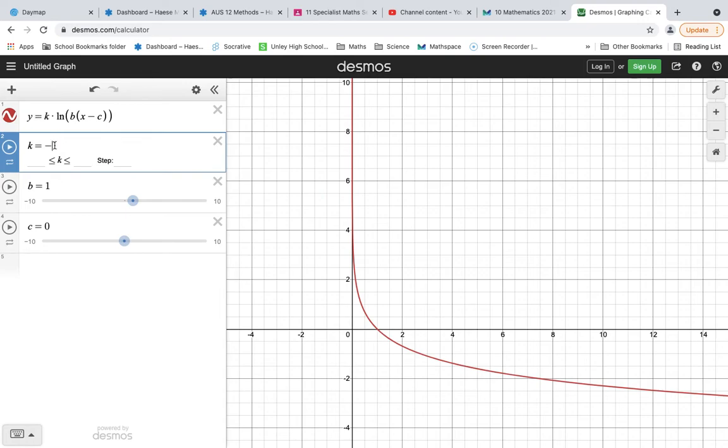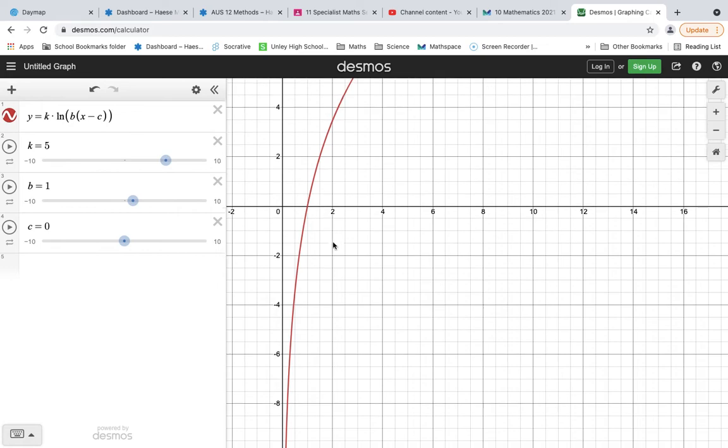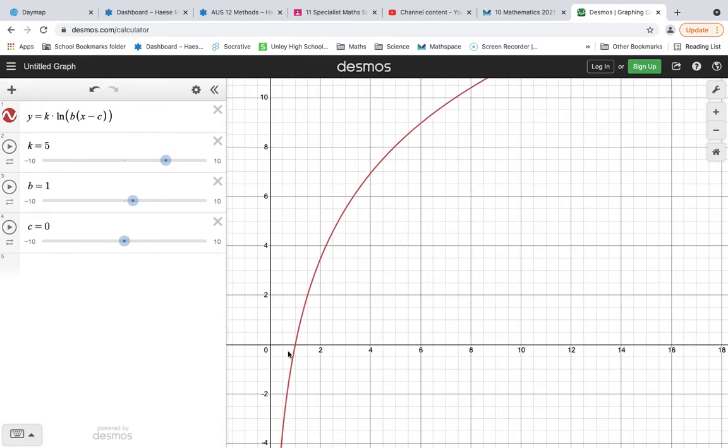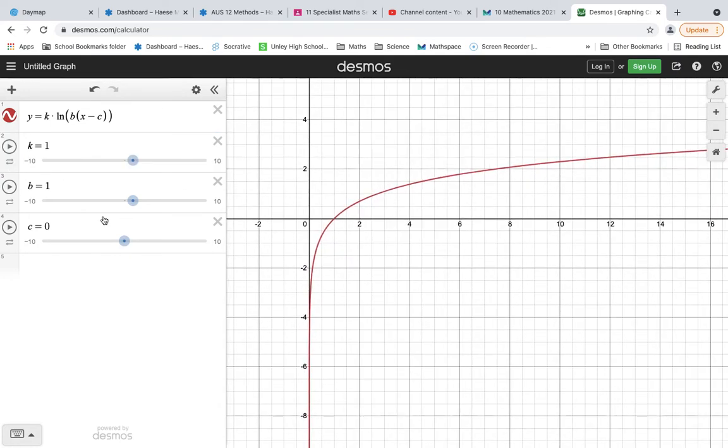If we then blow this out, I had it at 5 before, let's make it -5. Yeah, similar shape, but upside down compared to this one here, right? So please do this. Go have a play with the curves, get used to the shape.